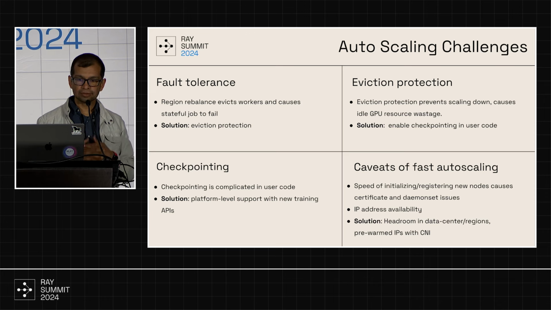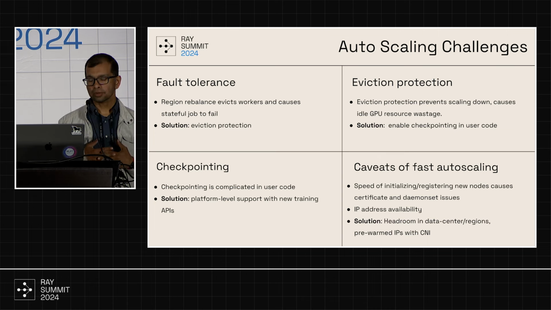But with successful autoscaling, there are some challenges that come with it. First, for very large workloads, we want to make a choice whether we want to be limited by geographical regions or go across geographical regions. But if we go across regions, there are data transfer costs to consider.